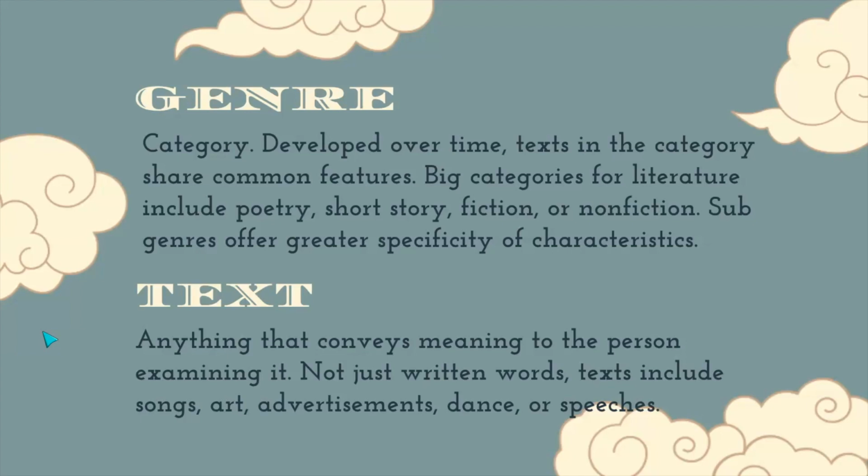So a text is anything that conveys meaning to the person examining it, which could be written words, but it could also include songs, art, advertisement, dance, speeches, and even land. So when I can look at whatever it is that's in front of me, and there is meaning or information that I can glean from it, it is considered a text.